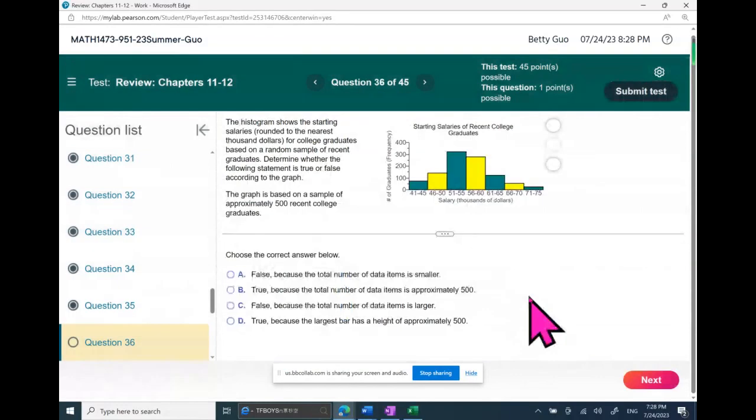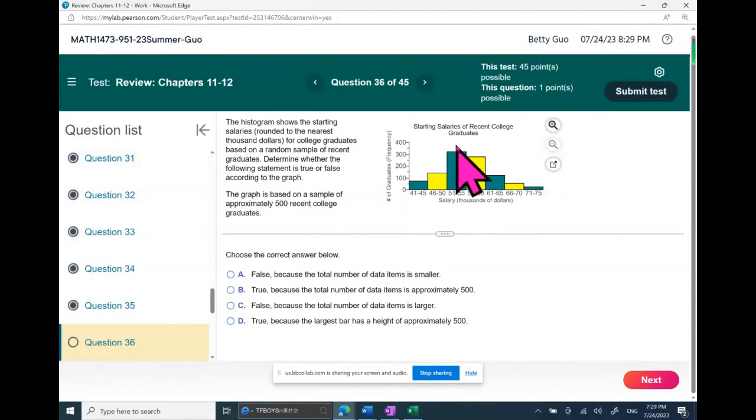Okay, so next question. We have a statement here about the graph. The graph is based on a sample of approximately 500 recent college graduates. Knowing this is a histogram, the horizontal scale gives us different classes, and the vertical scale is each class's frequencies.